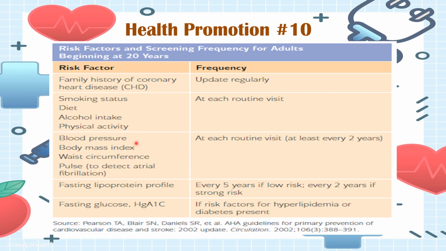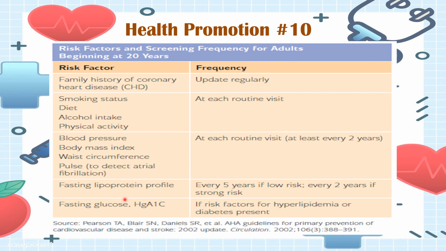For those with high blood pressure, or body mass index not within normal, waist circumference, pulse, again to detect atrial fibrillation, screening must be done at each routine visit, at least every 2 years.